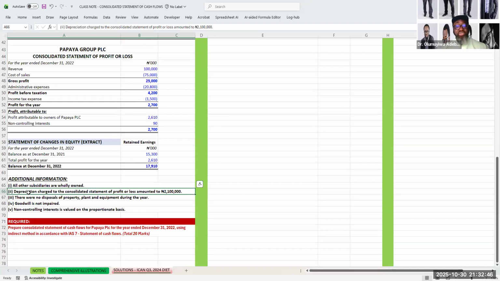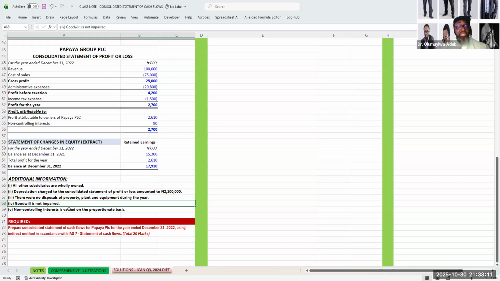Sometimes you have to look for it indirectly, and we are also going to demonstrate that today. Likewise, loss or gain on disposal of assets, you have to work for it, but in this case, they said there was no disposal of assets. And again, we need to independently determine whether goodwill is impaired or not, but the examiner has made our life easier to say, don't worry yourself, goodwill is not impaired.